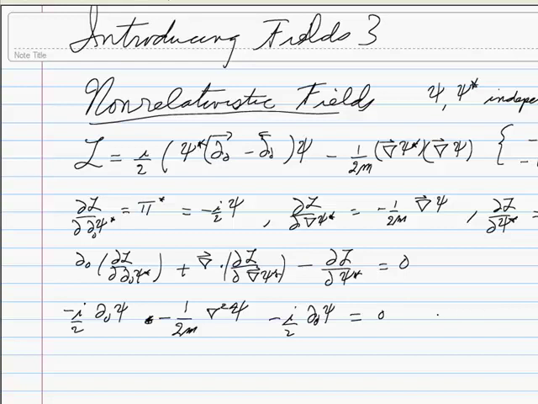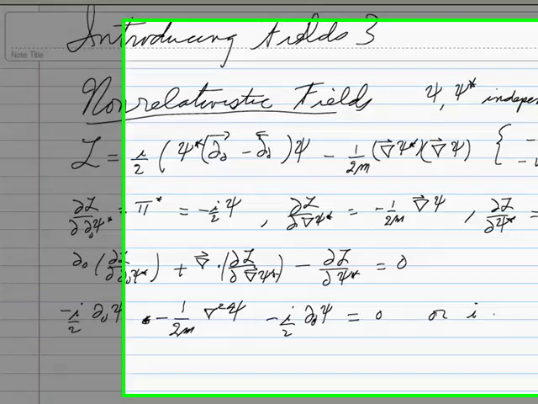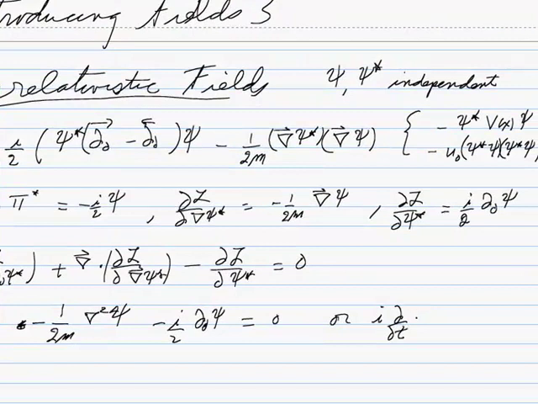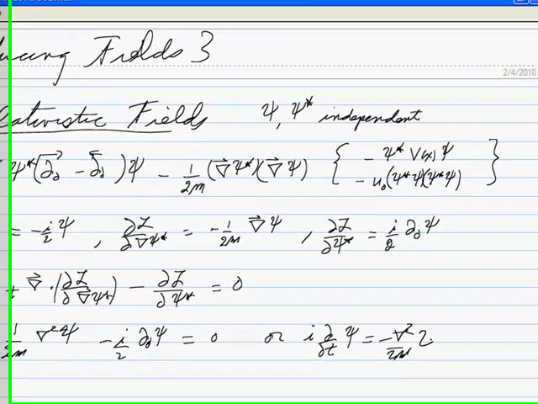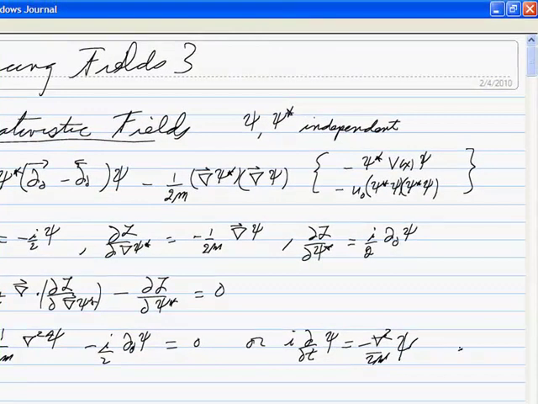Or then i d by dt of psi is minus del squared over 2m psi, which is the Schrodinger equation. And if I'd added a V psi, if I'd added this term here, there'd be the usual V piece there. So we've gotten that.